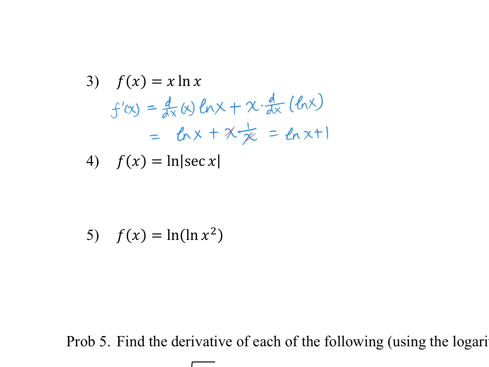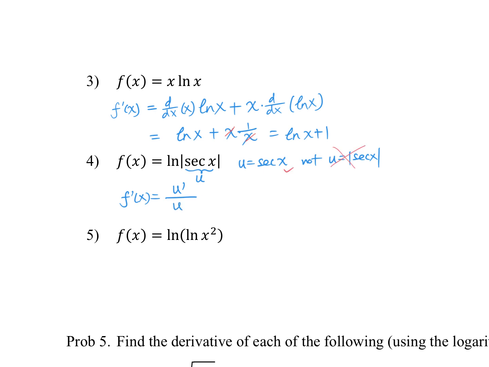Next, in this case, my u is actually the secant x, not the absolute value of secant x, only secant x. So the f prime of x will be the derivative of the u. So let's write this very clearly, not this one, but this one.